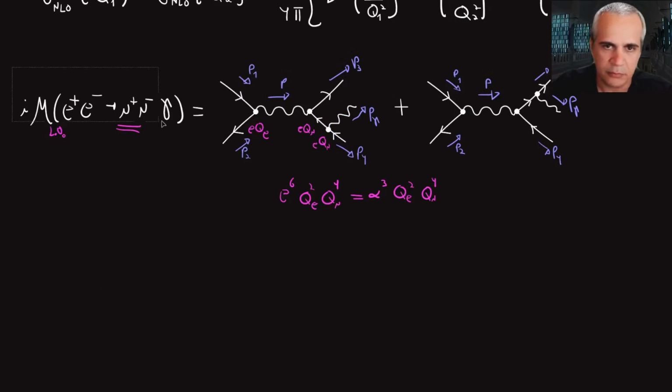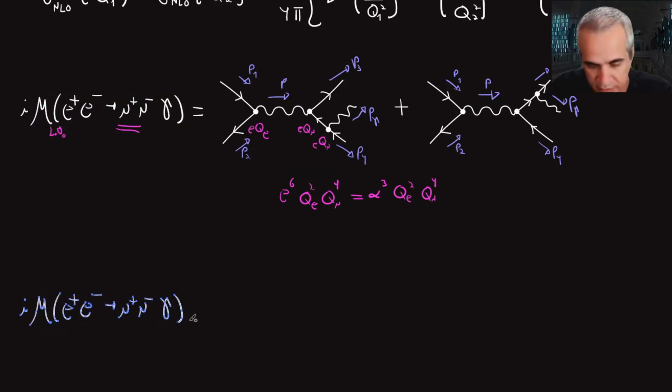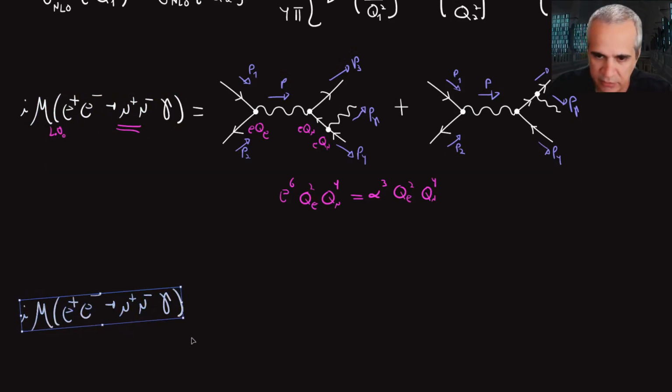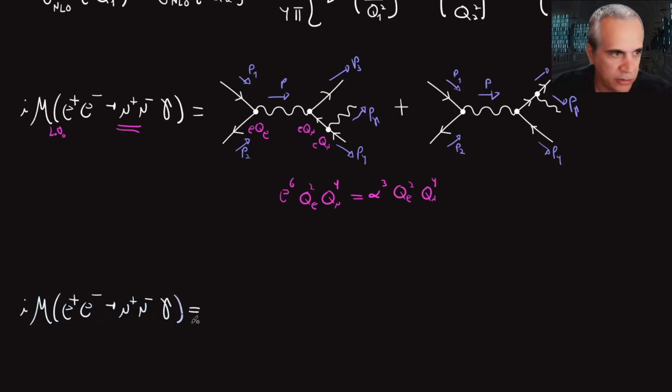So I'm writing this matrix element in this way, forcing something similar to the thing we had before. So E square over Q square, V bar of P2, gamma mu, U of P1, right?